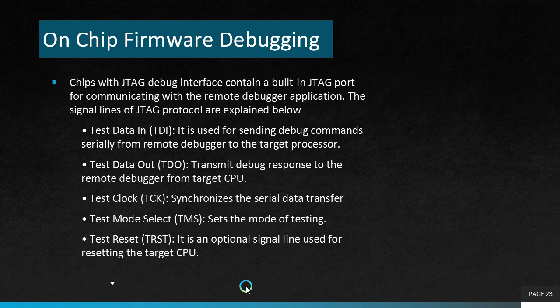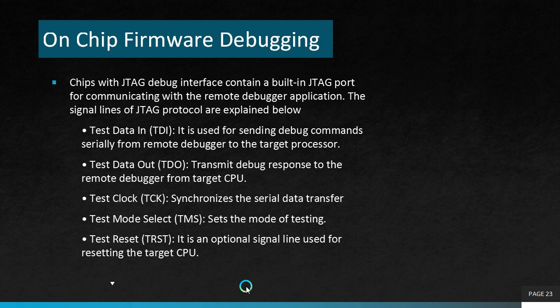There are in total 5 signal lines. The first one, that is test data in, we can say it as TDI. It is used for sending debug commands serially from a remote debugger application to the target processor. Test data out, TDO, actually transmits debug response to the remote debugger from the target CPU. It acts like a response or an acknowledgement given back.